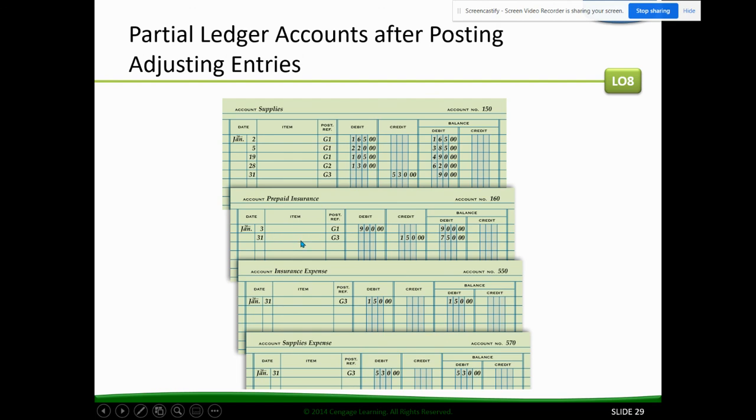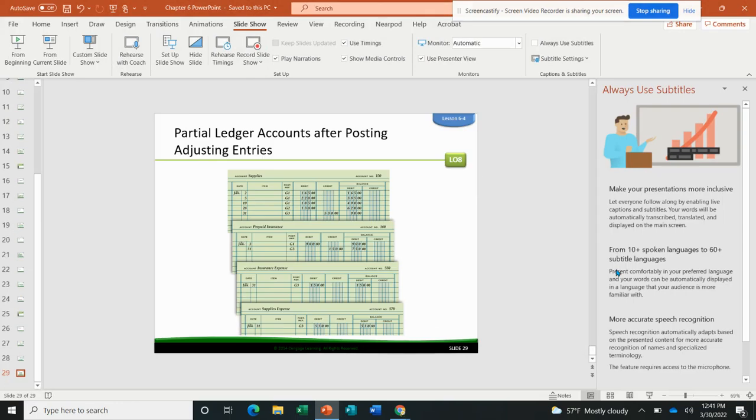MindTap doesn't like that, but when you're doing it by hand, any type of special thing where a correcting entry, adjusting entry, or anything has to go here. And then you see my 750, and then you see these two are updated. So it'd be adjusting entry here, adjusting entry here. So you would see them now. These two now have a balance. Okay. And they won't keep that balance for long.